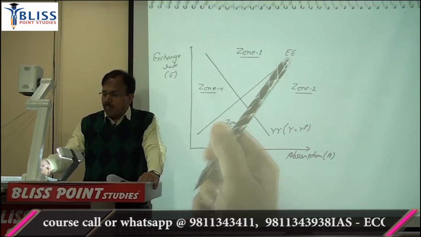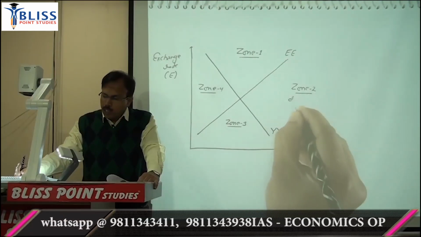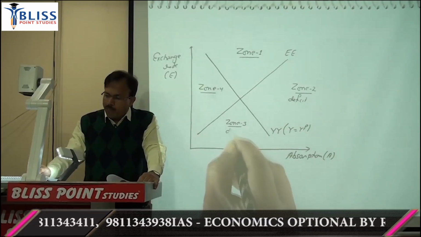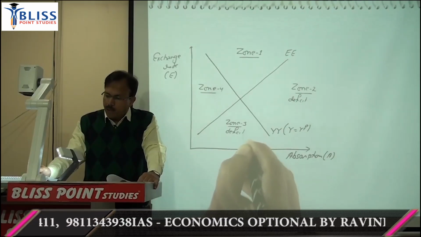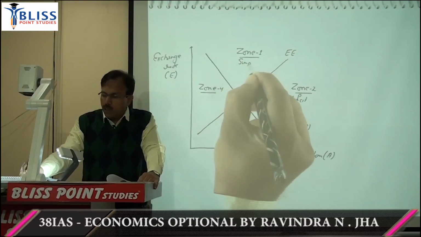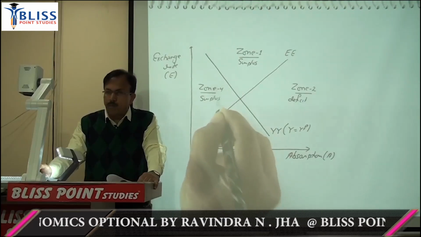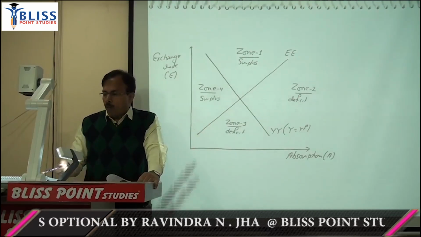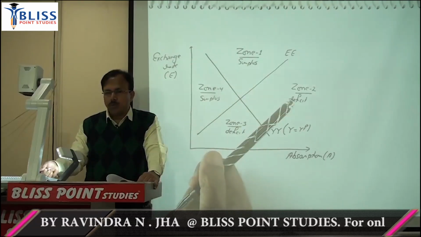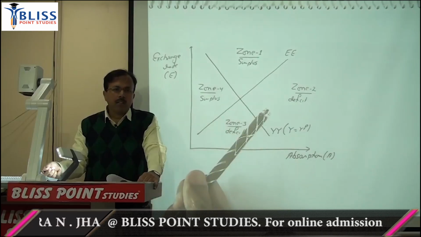Points to the right of external balance, there will be deficit. So in zone 2 and 3 there will be deficit, and to the left, zone 1 and 4, we have surplus. Points to the right of internal balance, that is 1 and 2, Y will be greater than YF.